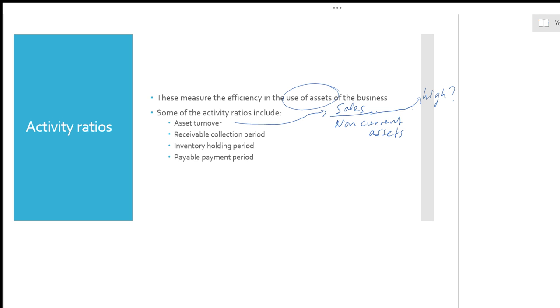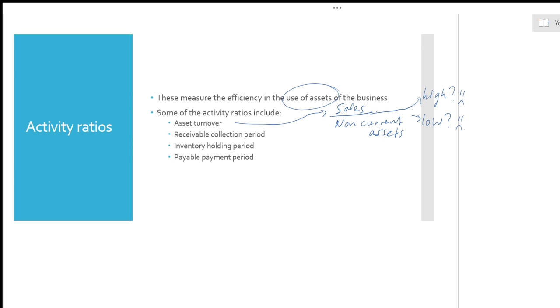Overcapitalization is not necessarily a good thing for a business, but that is another topic. We'll talk about it another time. So, for asset turnover, high is not necessarily a good thing. Neither is low. Low means that obviously the business is not properly utilizing its non-current assets to generate revenue.